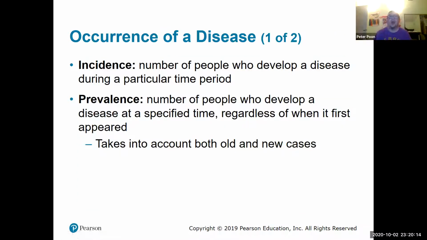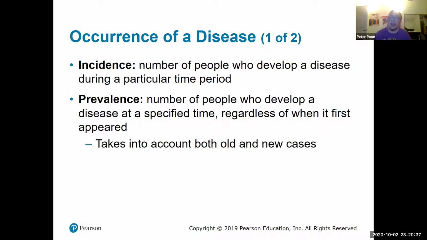More definitions. Incidence is the number of people who develop a disease during a particular time period. Prevalence is the number of people who have a disease at a specific time, regardless of when it first appeared.